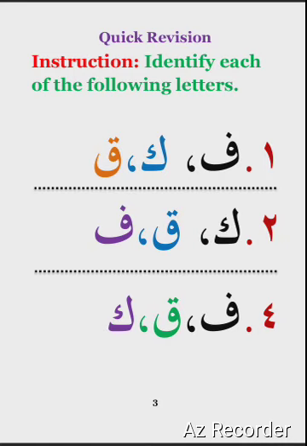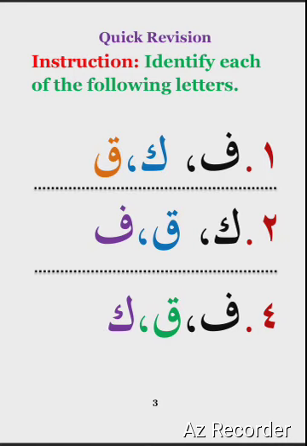So the first letter from the third line is Fa'un. Remember, Fa'un has one dot written on top of it, and Fa'un has a round head. Fa'un is unlike Ghaynun. Ghaynun has a flat head.